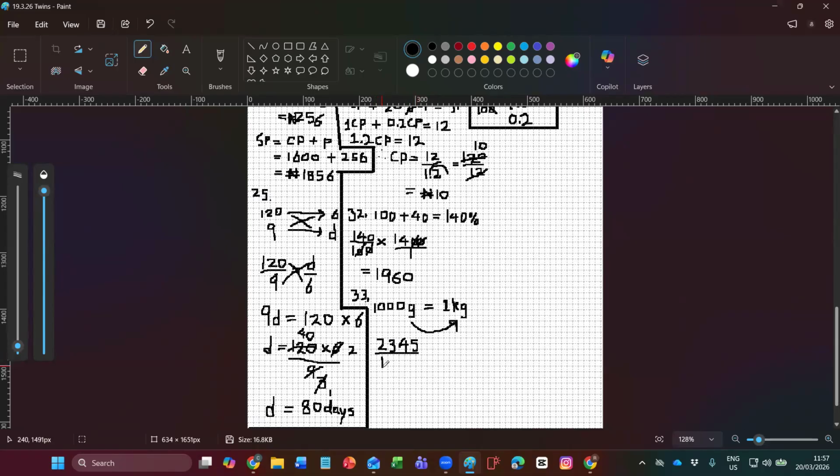And anytime you divide something by 1,000, it's in the family of 10. The decimal point will move to the left, isn't it? Yes, sir. It should be 2.345. 1, 2, and what? 3. So the answer will be 2.345.